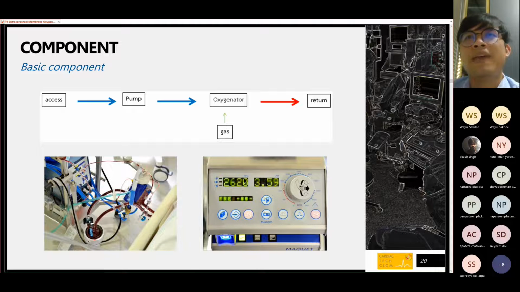As I said, RPM is what we can adjust, and LPM is the output. I will talk about that later, or it's the same concept we talked about for the centrifugal pump in the previous course, I think. Okay, so you need a flow probe, which is here, and here is the oxygenator. Here is the heat exchanger, which is a smaller one, right?